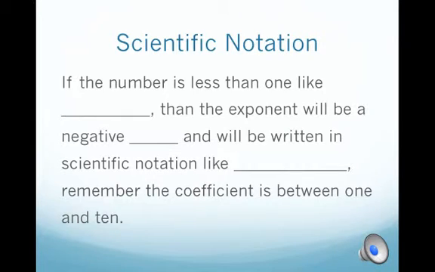So in the first blank, you're going to write a number that is smaller than 1, so it should be a decimal. The second blank will be the exponent, or how many places you had to move the decimal to make the number between 1 and 10. And then the third blank will be what that looks like in scientific notation.